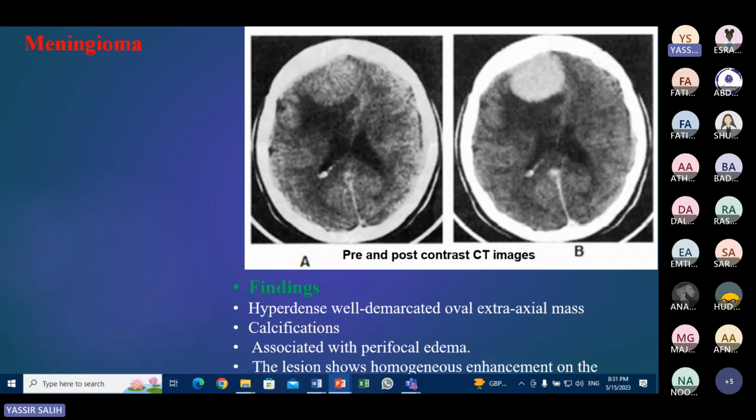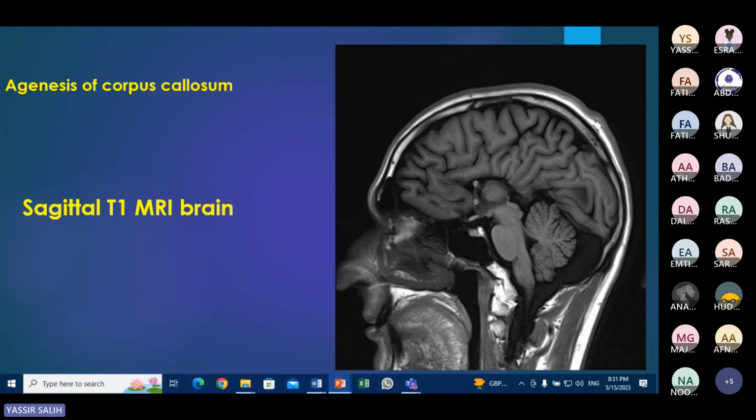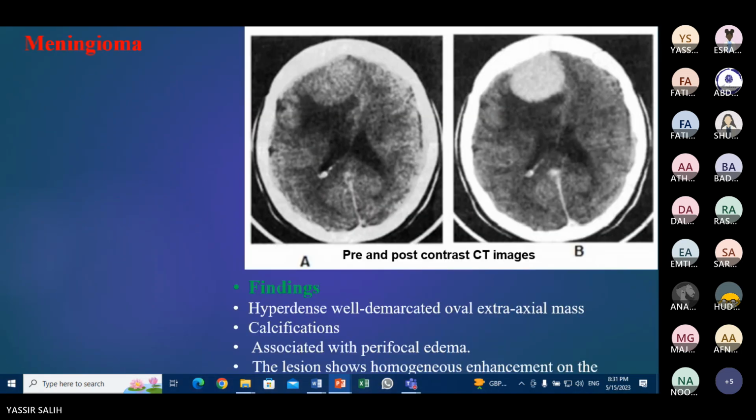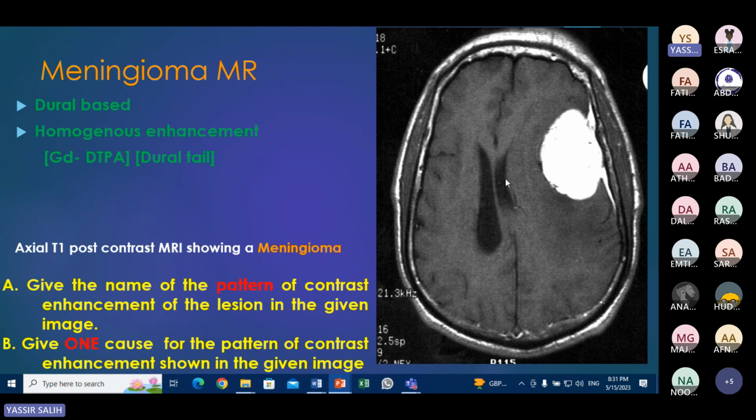Is it serpiginous? This pattern of enhancement is homogeneous enhancement. This is MRI T1 with contrast.